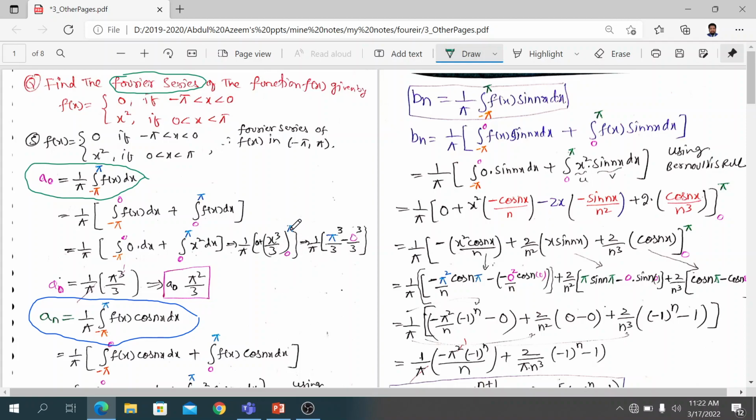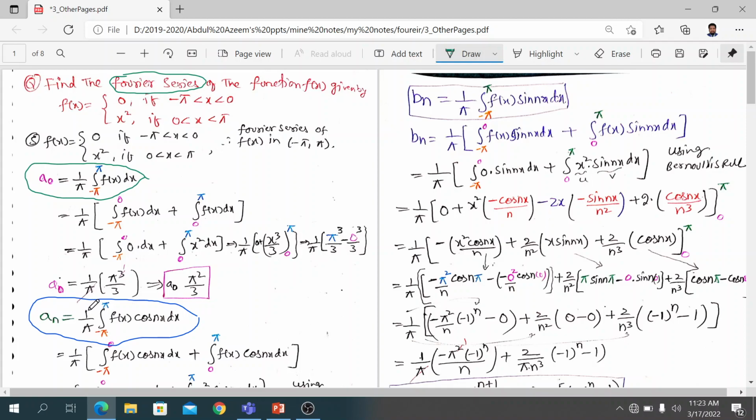Now apply limit, pi cube by 3 minus 0 cube by 3. So 1 by pi outside as it is, the answer is pi cube by 3. Pi cancels, so pi square by 3. This is a naught.